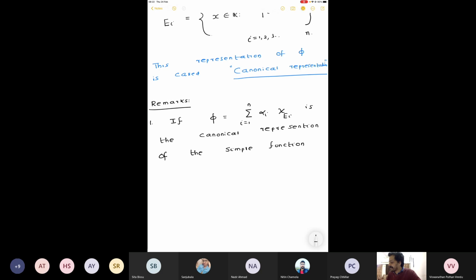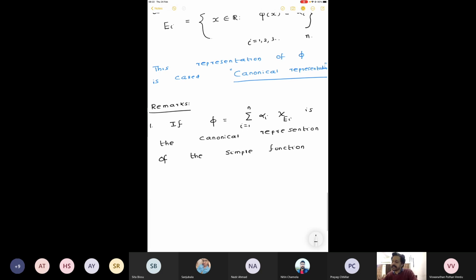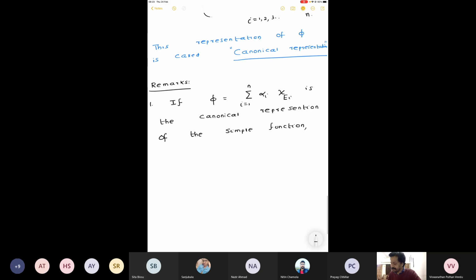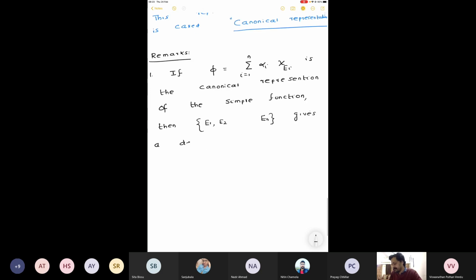This E_i has a property. E_i is the collection of all x in R such that phi of x is equal to alpha_i. That E_1, E_2, etc., E_n gives a decomposition of R. What does it mean?